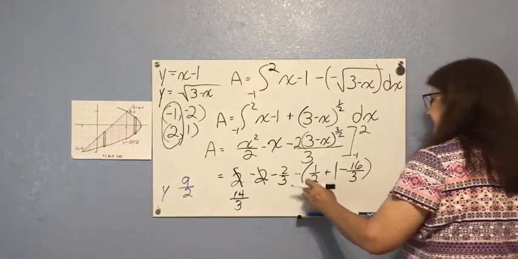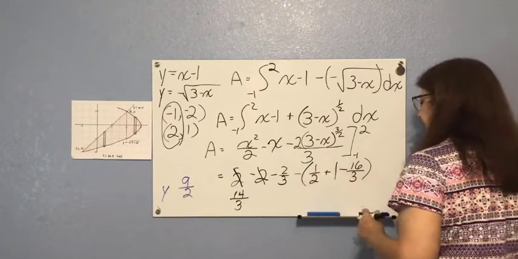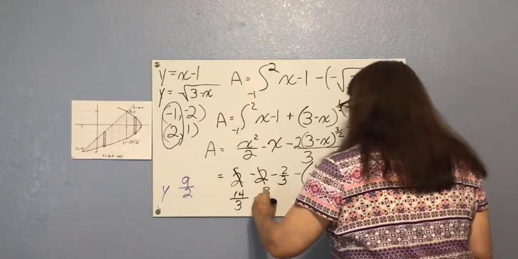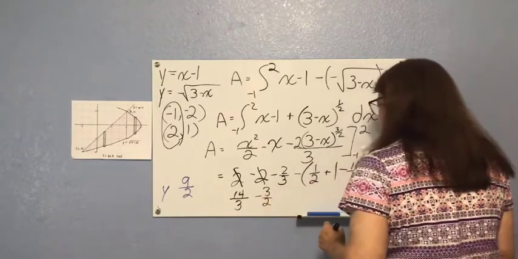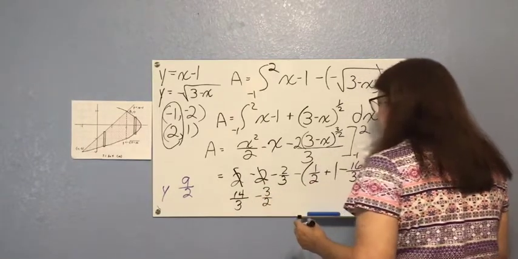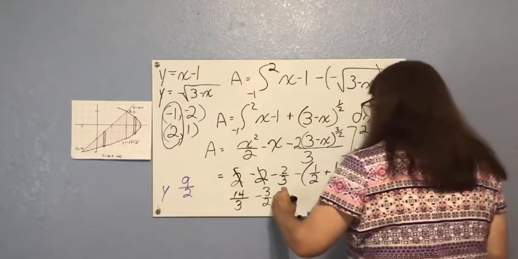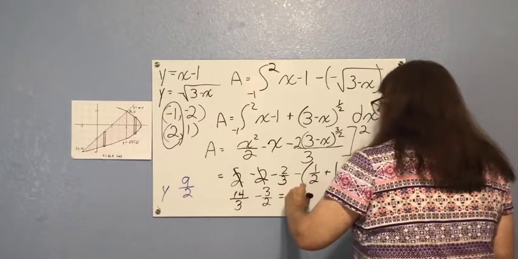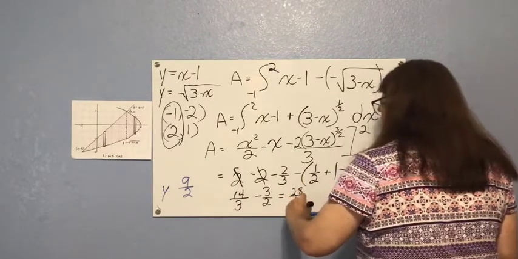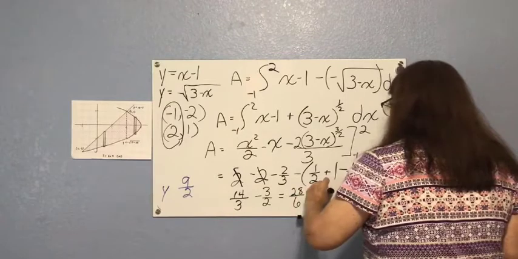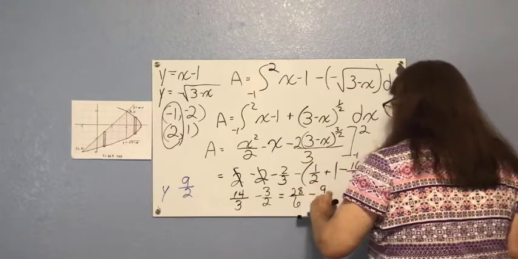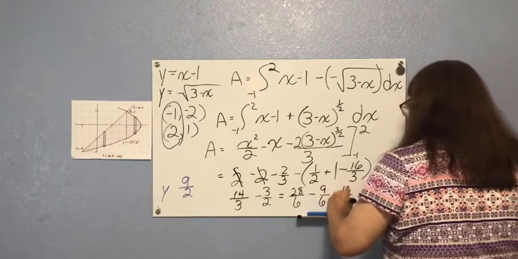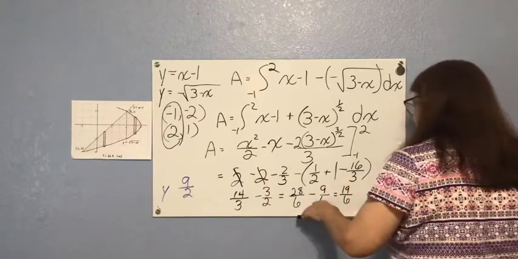And then I've got a 1/2 and a 1, so that's 3/2 minus 3 over 2. Okay, if I want to combine or get a common denominator, I'd have 28 over 6 minus 9 over 6 would give me 19 over 6.